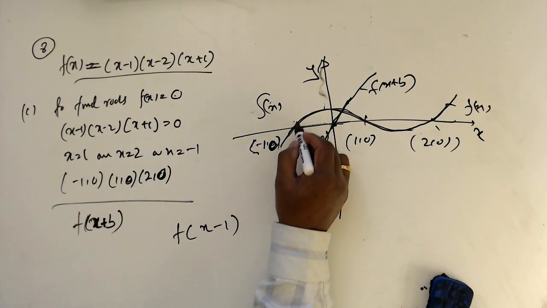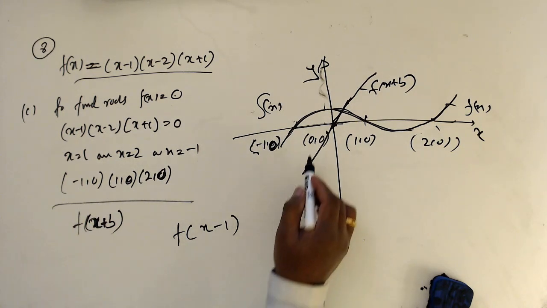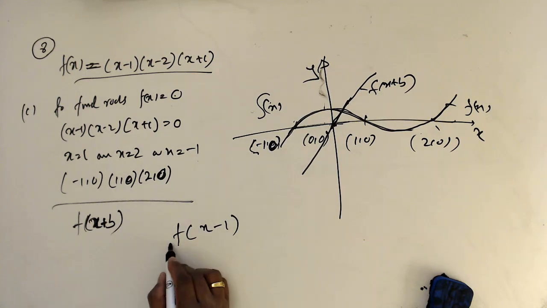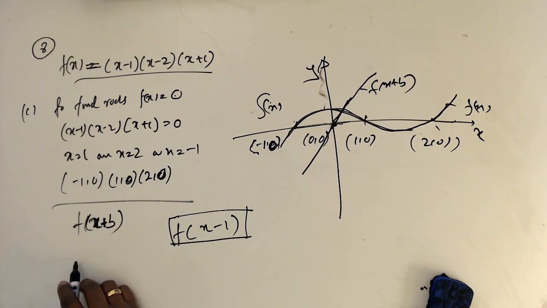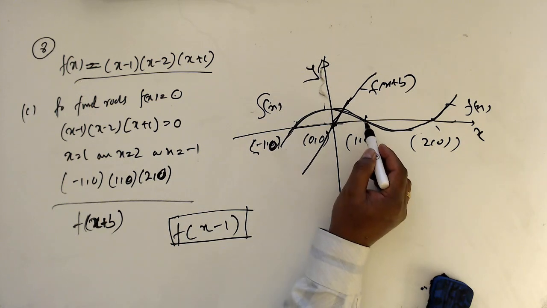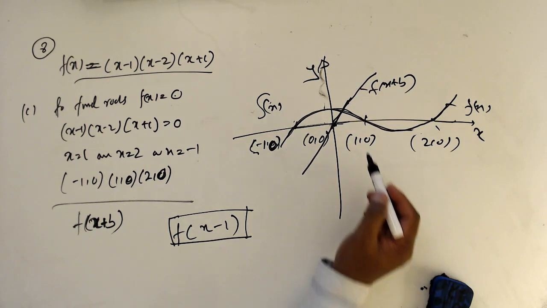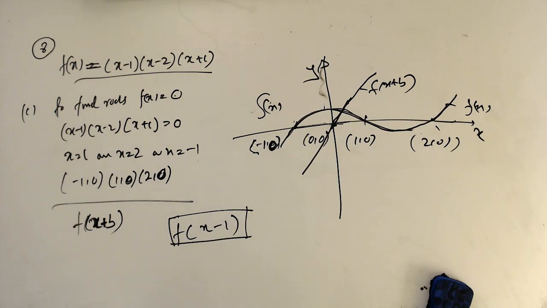If the curve shifts by 1 unit, the curve goes through (0, 0). So this is the transformation equation. Or if this curve shifts to the left by 1 unit, then still the curve goes through (0, 0).